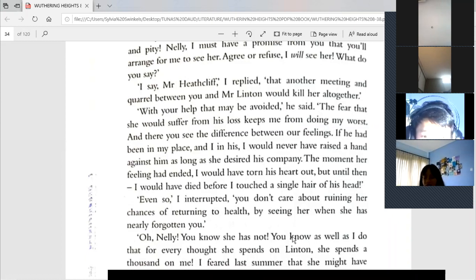Yeah, he loves Catherine. So it does seem that Heathcliff is like this. I wouldn't say toxic, but it's like he's sad but happy at the same time.